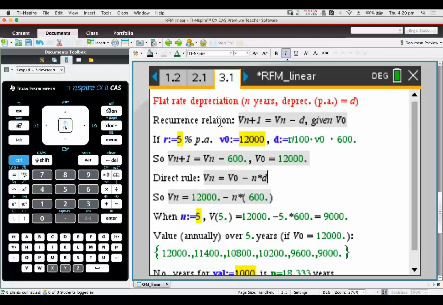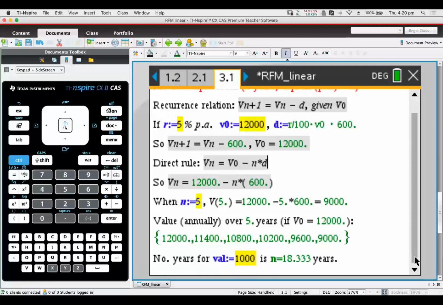As in previous pages, you can get a quick look at the progress over 5 years, and you can also work out how many years it would take for the value of the asset to get to, in that case, $1,000, and it's 18 1/3, it looks like, years.